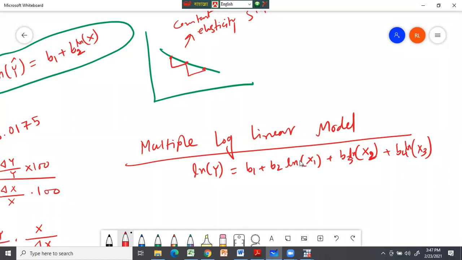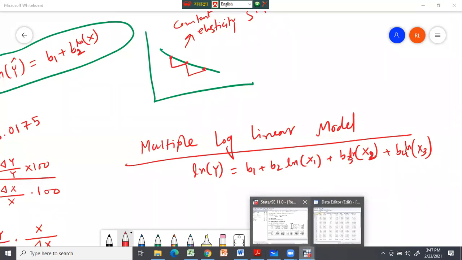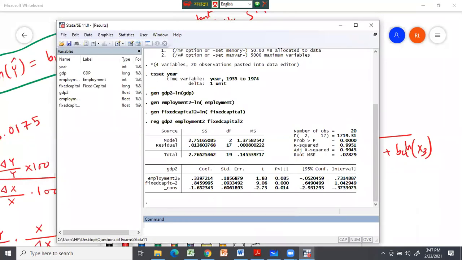For example, as I was explaining, if employment opportunity has increased by 1 percentage point, then your GDP of the country will increase by 0.3397%, provided that the impact of the other variable, the fixed capital variable, remains constant.